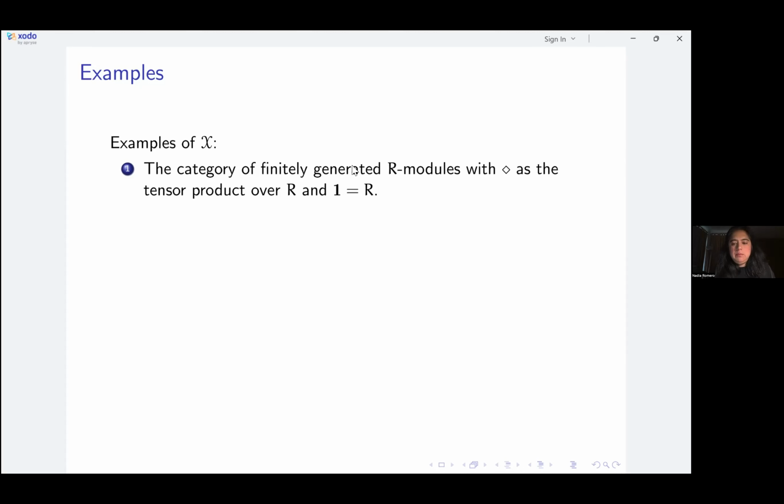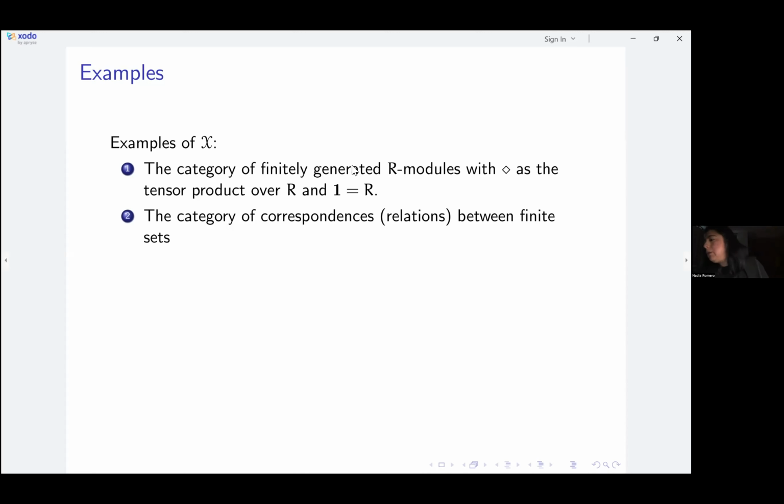But for the categories I'm interested in, there are many other examples of this situation. For example, if we consider the category of correspondences between finite sets. What I mean by this, let me just write a little bit. Of course, the objects are finite sets, and the arrows we're considering from one set to another.